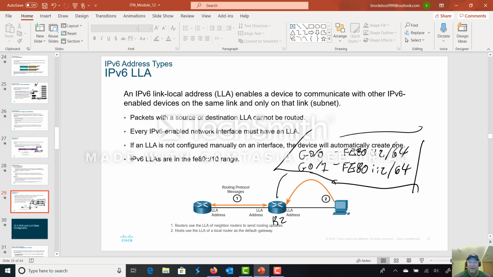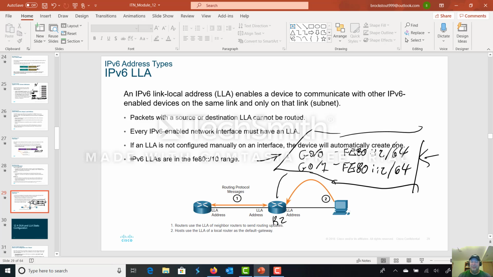So one of the rules of IPv4, which is never duplicate an IP address, just throw that right out the window in IPv6. We'll go ahead and use as a general standard, we'll put the same link local address on every interface on a router, just so that we know we can identify where it's at on the network. So that's something that can be done and is done in the practice of the lab.